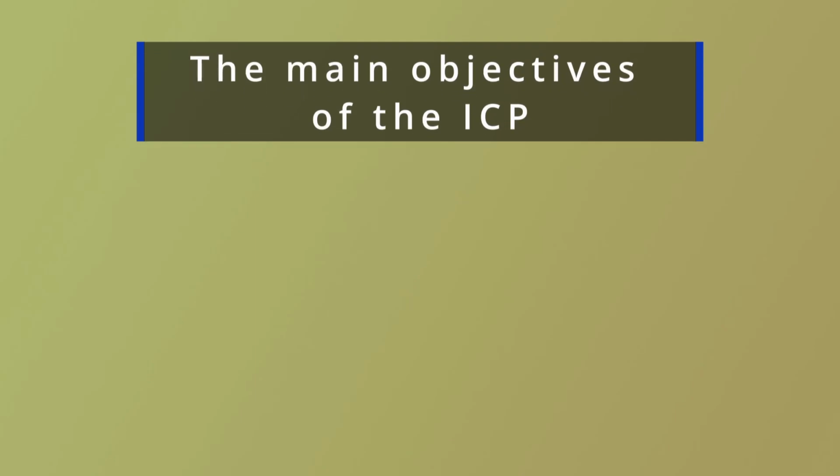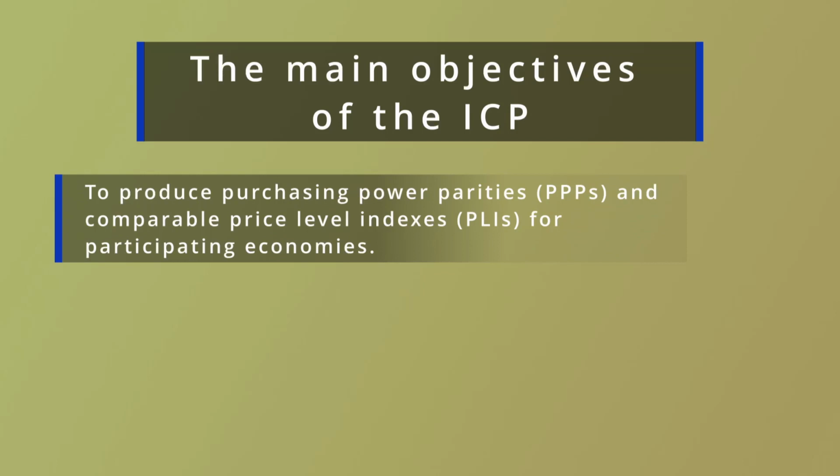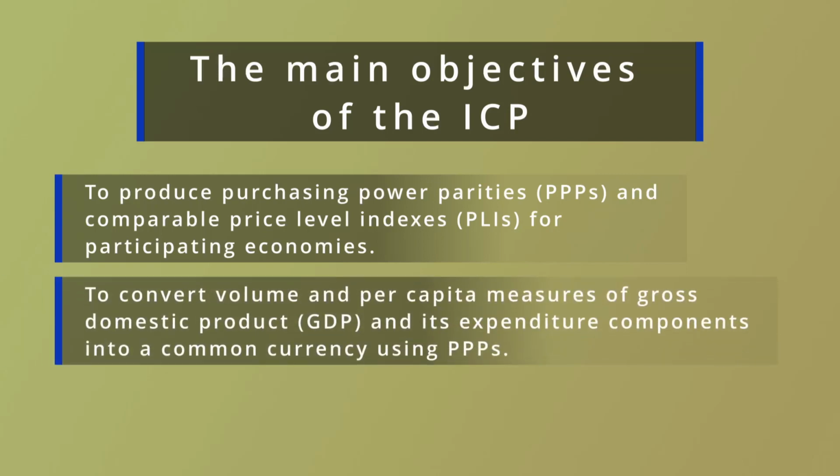And this particular program was set up to fulfill two basic objectives. These objectives are to produce purchasing power parities and comparable price level indexes for participating economies, and to convert the volume and per capita measures of gross domestic product and its expenditure components into a common currency using PPPs, purchasing power parities.